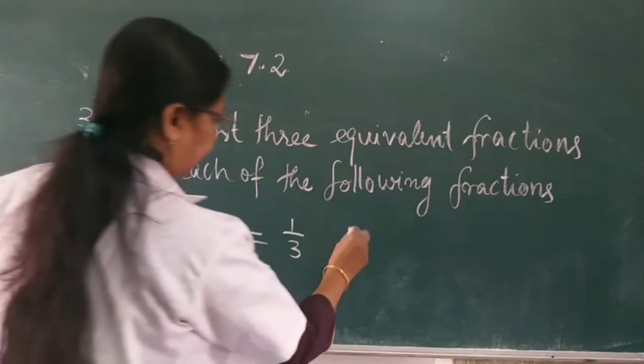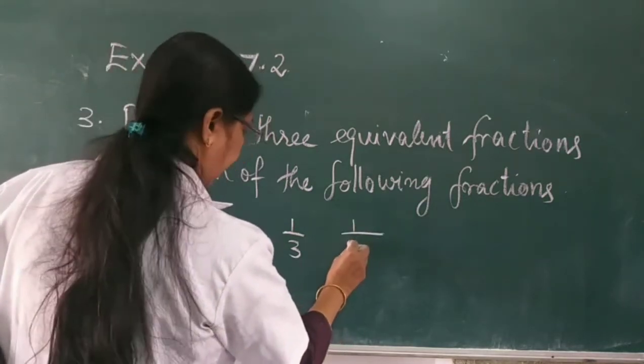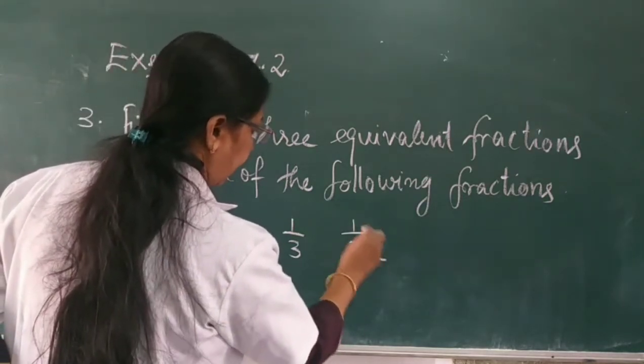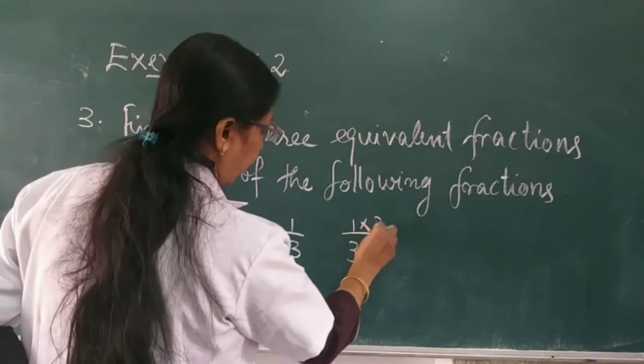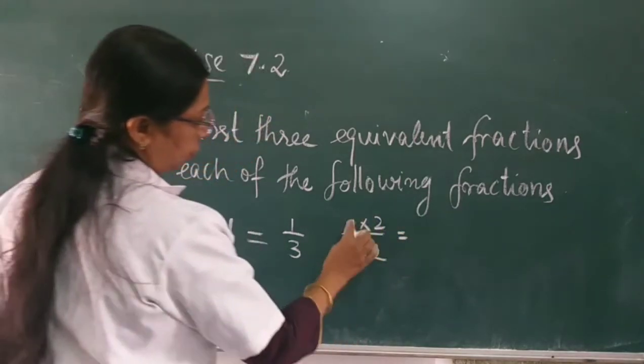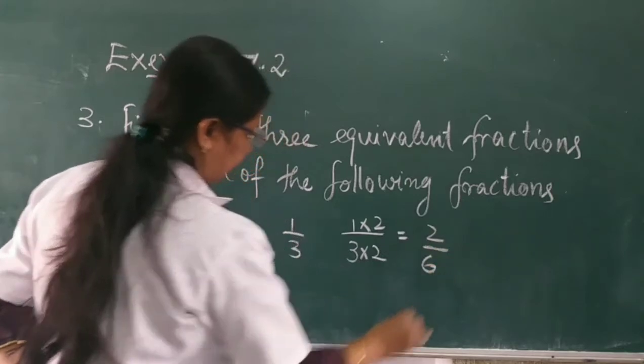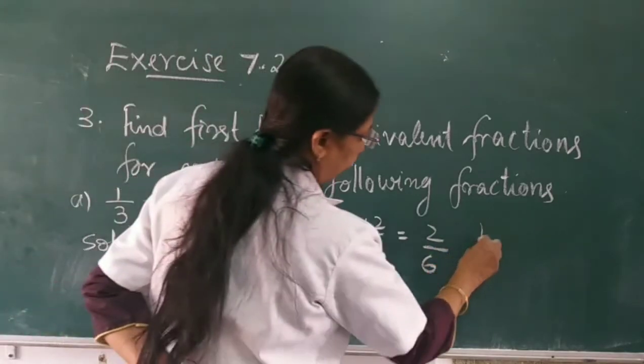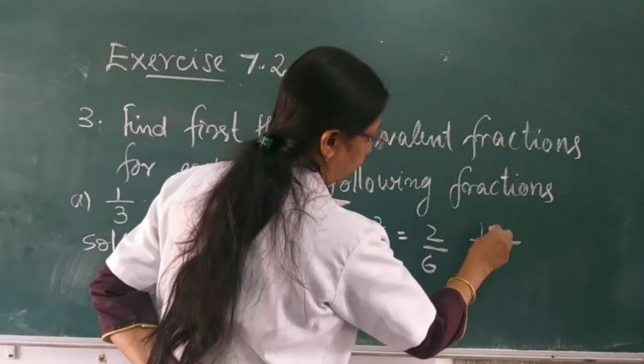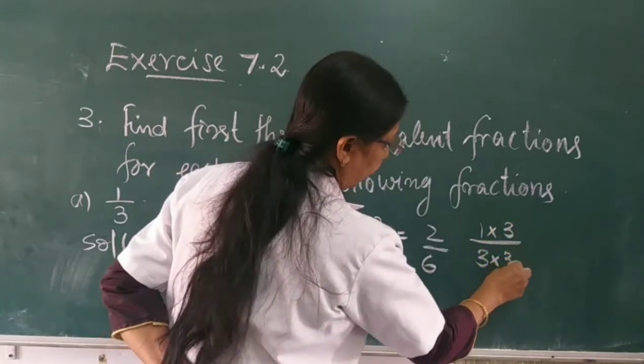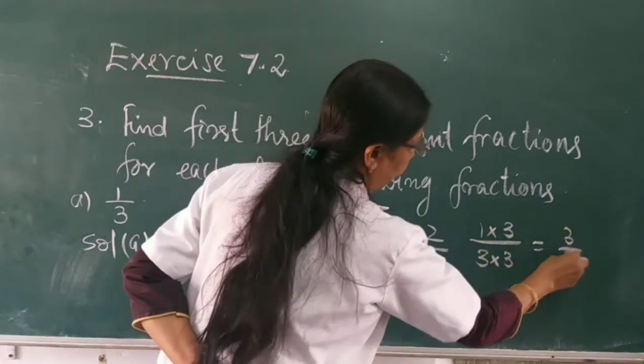Now to get the second equivalent fraction, we multiply both the numerator and denominator by 2. Now it is 2 by 6. And to get the third one, multiply both numerator and denominator by 3. It is 3 by 9.